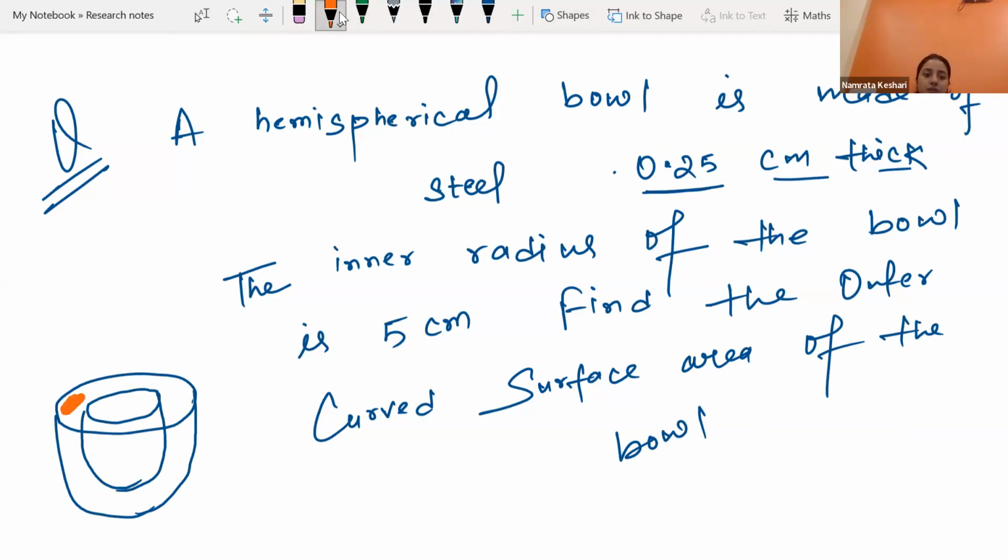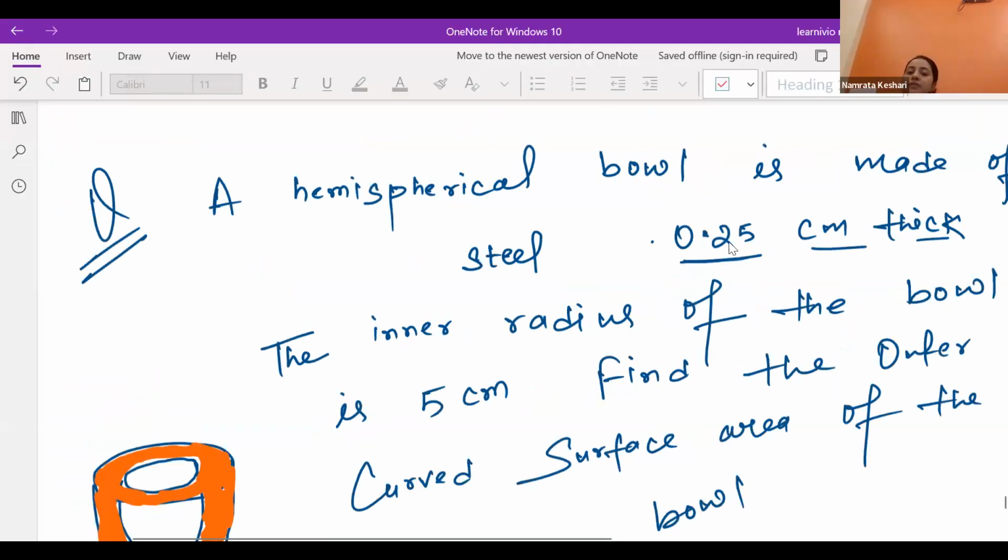This is the thickness. Are you getting it? When the question is talking about the thickness of the bowl, are you understanding why the inner surface area and the outer surface area will be different? Yes, ma'am. Okay. So it has 0.25 centimeter thickness.